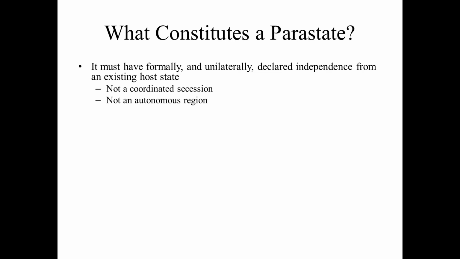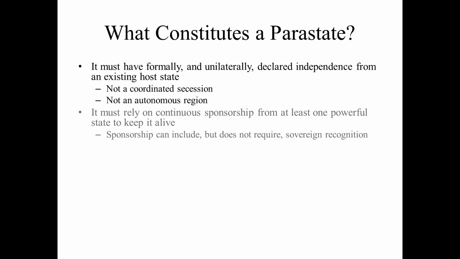And if it does happen, right, the parastate kind of is born in illegitimacy, right, because it does not have the legal ramifications for statehood, okay? And because of that, right, a secessionist state absolutely must rely on external sponsorship, right?